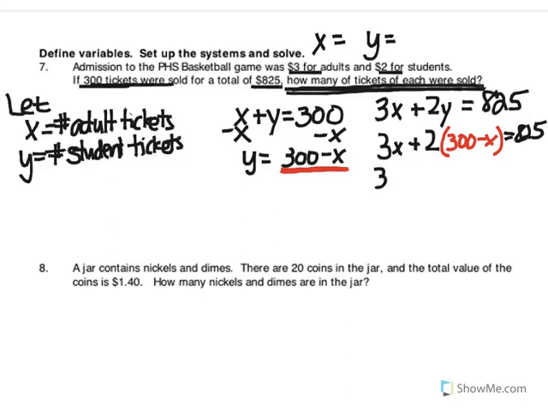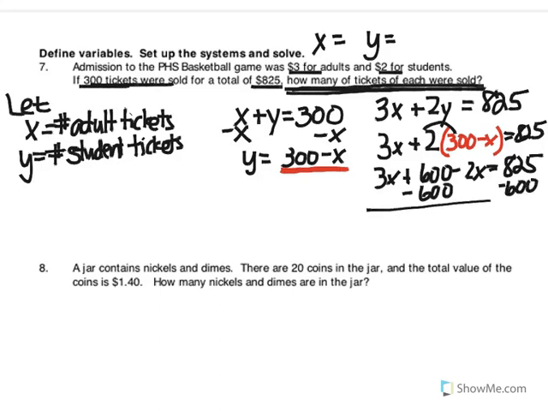So we have 3x plus 2 times 300 is 600 minus 2x equals 825. So subtract 600 and we have 3x minus 2x equals 225, and 3x minus 2x is x.